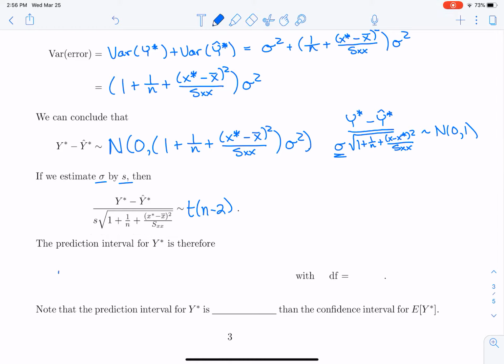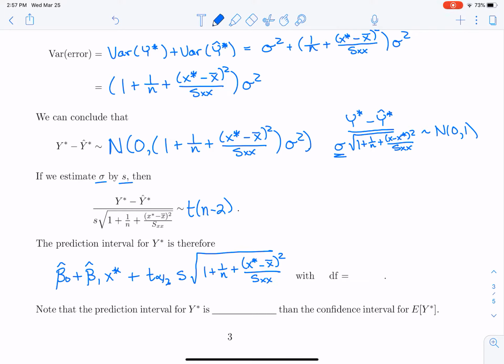So our prediction interval is going to be beta 0 hat plus beta 1 hat x star, plus or minus t sub alpha over 2 times s times the square root of 1 plus 1 over n plus x star minus x bar squared over S of xx.